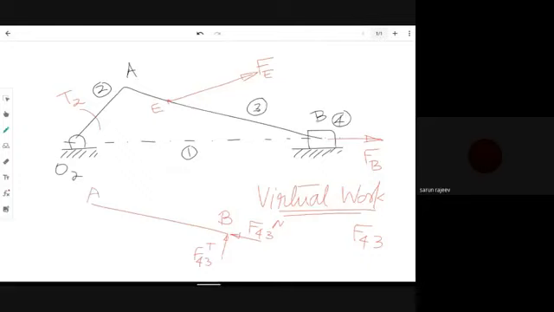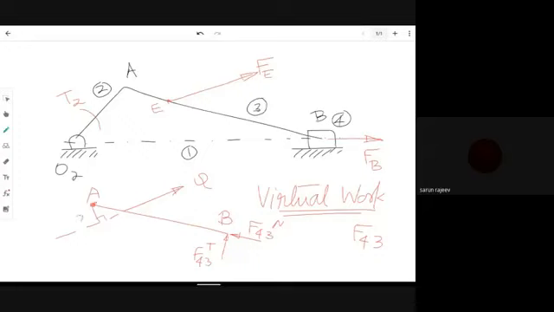And here the point was A. Now you had the force Q. I hope it was denoted as force Q at some point G or something. It was given. Now we calculated by taking the moment about the point A.